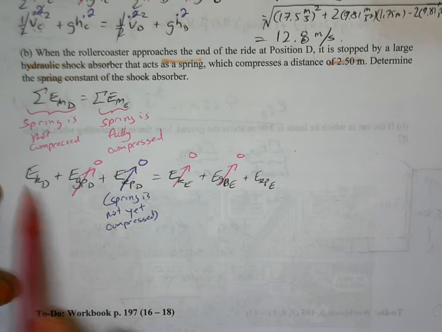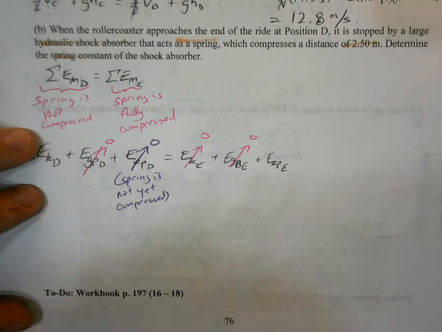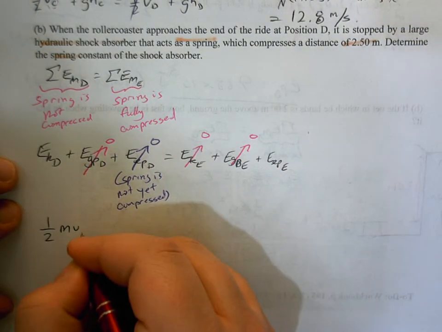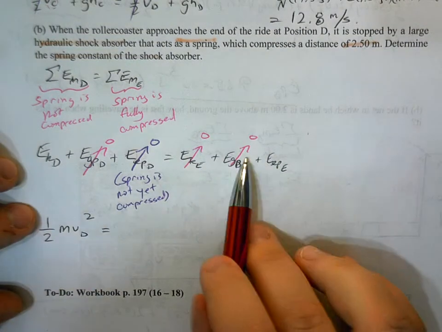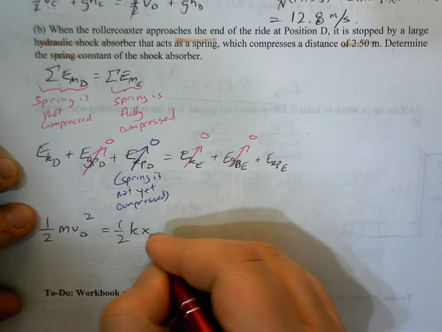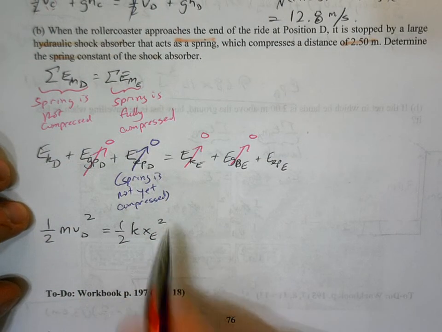We've taken something with 6 terms and reduced it down to 2. This is lovely. So my kinetic energy at D is going to be half m v_D squared, and my elastic potential energy at E is going to be 1/2 k x, where x represents the compression of that spring, squared.